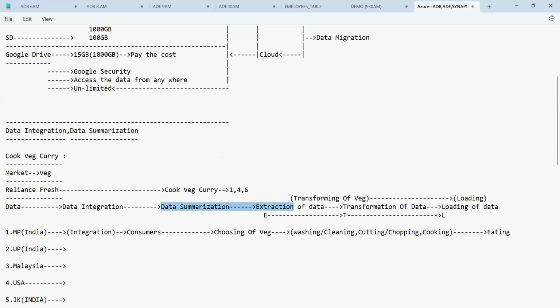See, ADB is more powerful than ADF. That's the reason why, in most of the openings, you cannot get a job only on ADF, but you can get a job only on ADB. That is the advantage of ADB.